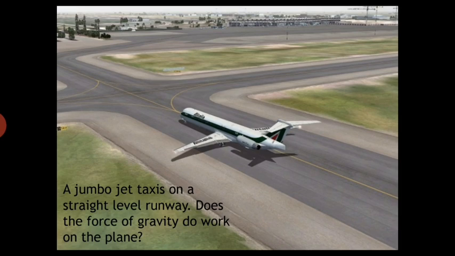But the movement of the jumbo jet is along a straight level runway. It's along a horizontal plane, and the gravity is vertical. Meaning to say, the direction of the motion of the jet is not the same as the direction of the force of gravity. So the answer is still no, there is no work done on the jet by the force of gravity.